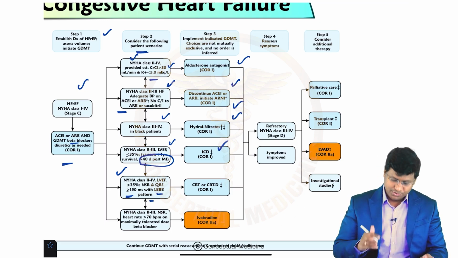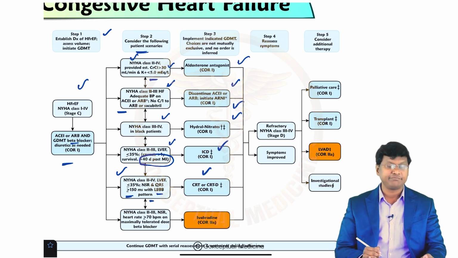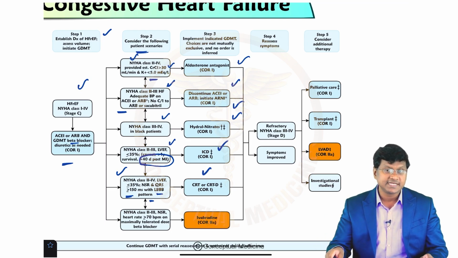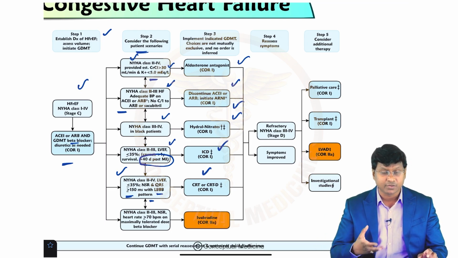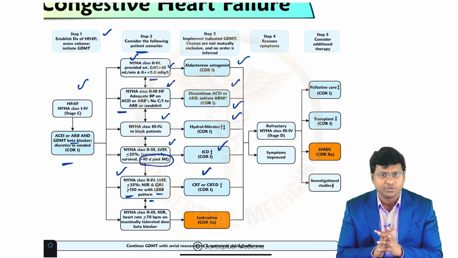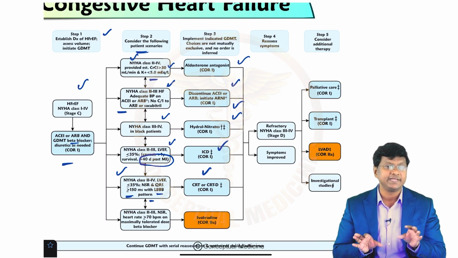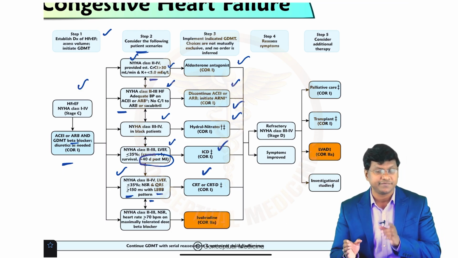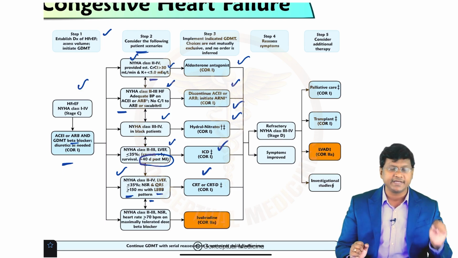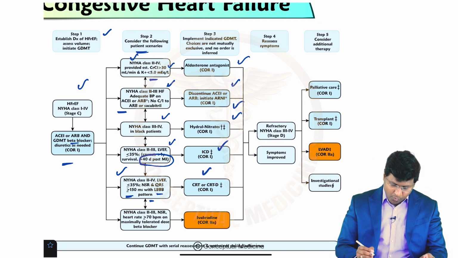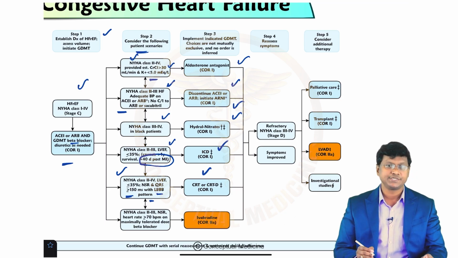In these patients, they have to be placed on CRT, cardiac resynchronization therapy. This cardiac resynchronization therapy will improve the synchrony between the ventricles and improve the cardiac output. And this is placed mainly in individuals who have heart failure with reduced ejection fraction secondary to dilated cardiomyopathy with QRS complex more than 150 milliseconds.